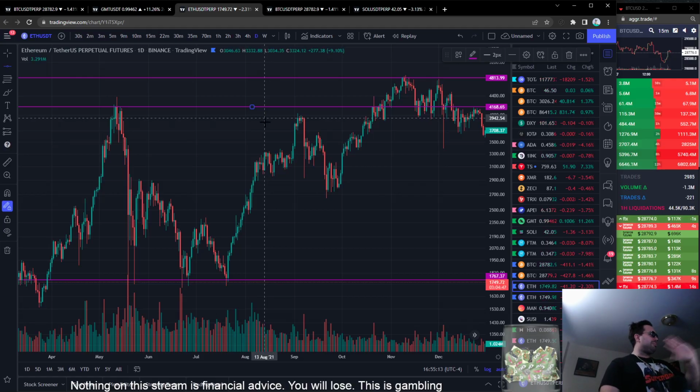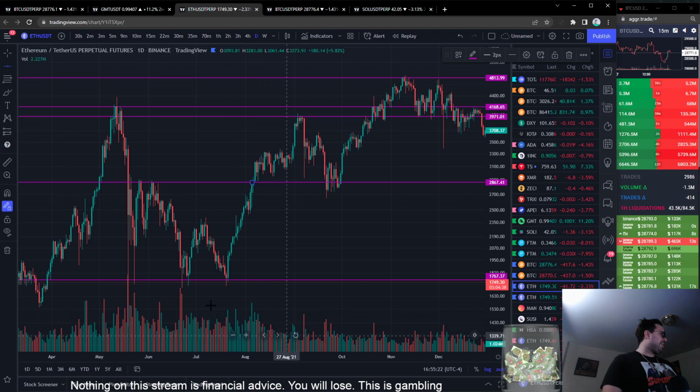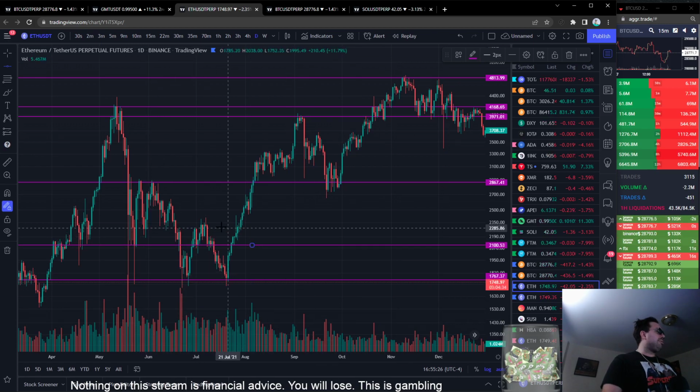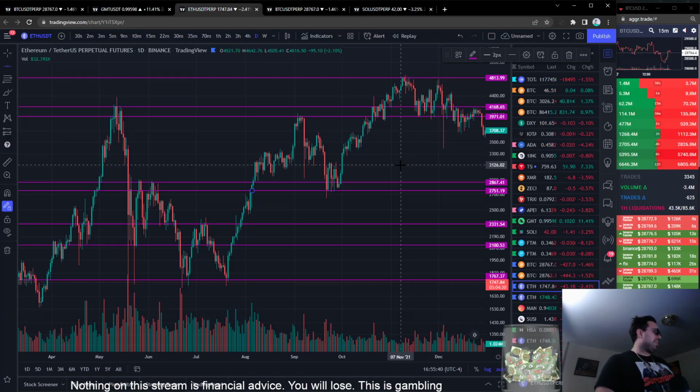Just aim for the parts where there are areas of battle, right? And as you draw that more, and as you get into the habit of drawing these lines, you'll see more and more that it's usually not a coincidence when you find these resistance support spots on the market.